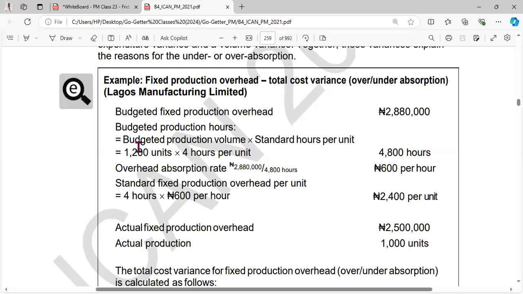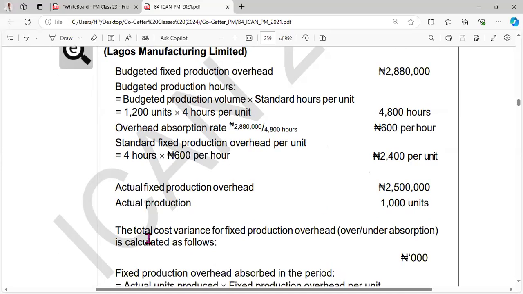You know, you budgeted with 1,200. Everything that you are doing for fixed cost, this is the budgeted figure. This is budgeted. Then that means your overhead absorption rate is derived from budget. Then this standard cost of fixed cost per unit is budgeted.